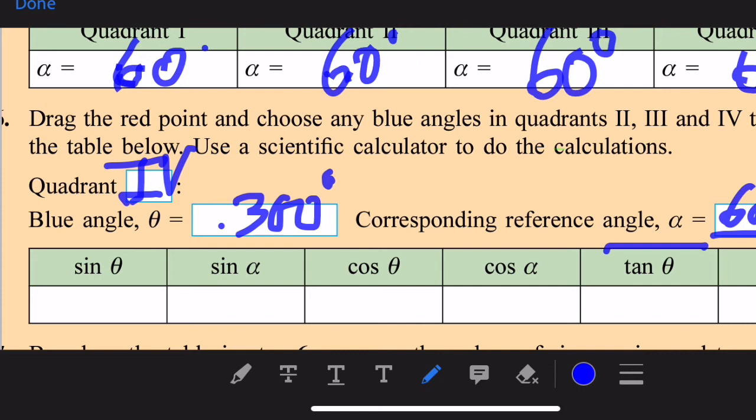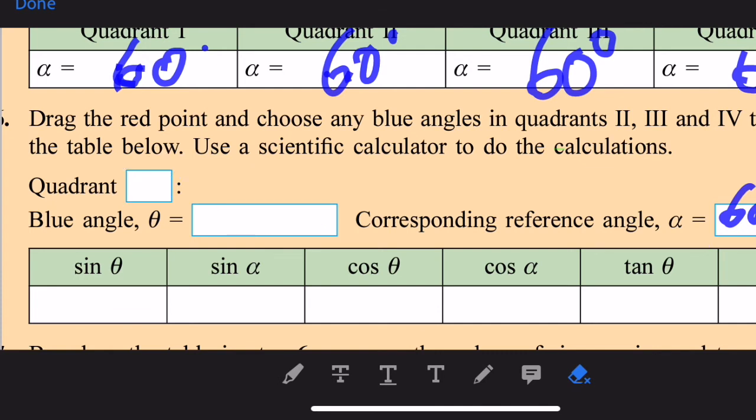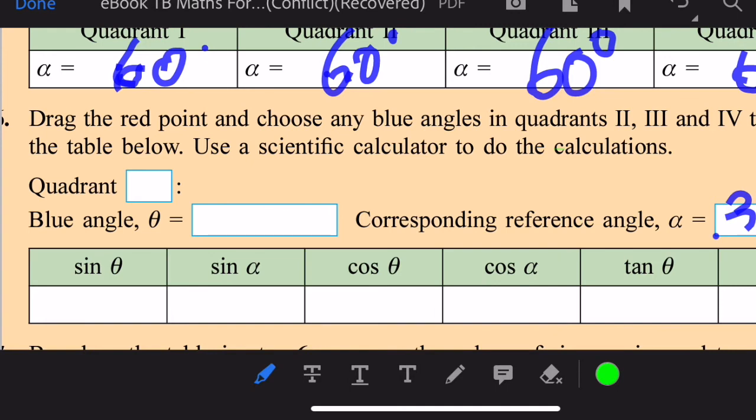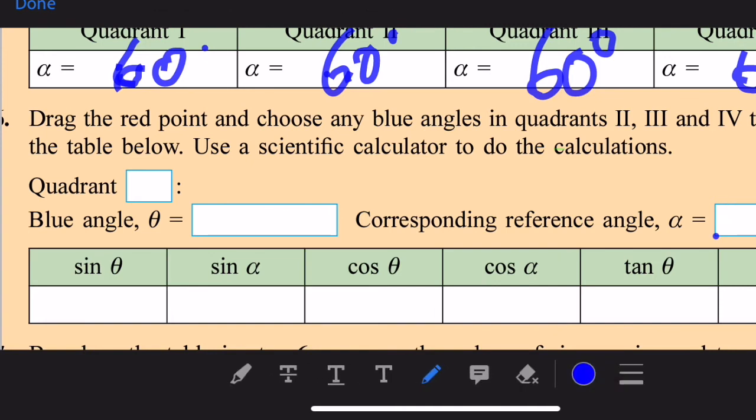Let me try another one. Let's stick to another angle for alpha. You can use 30 degrees. Let me write it down properly. The 30 degrees here is the alpha, and I start with the first quadrant. I have to adjust until I can see 30.